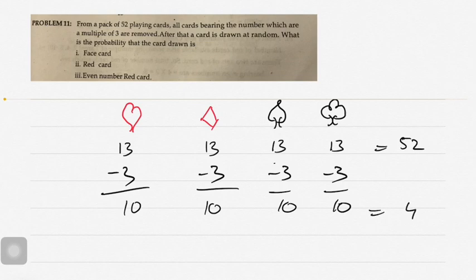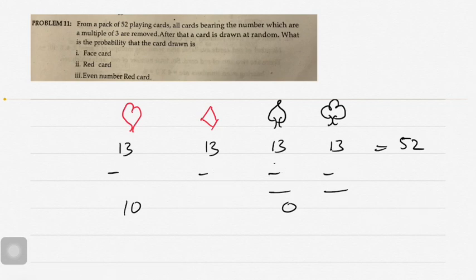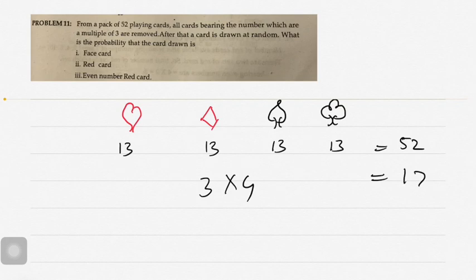Correct? Which makes the sample space 40. Okay. I don't want to write like this. So 3 cards of all signs are being removed. So 3 cards from 4 signs are being removed. So 3 into 4 is 12.